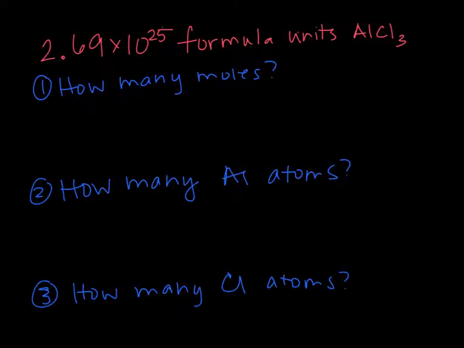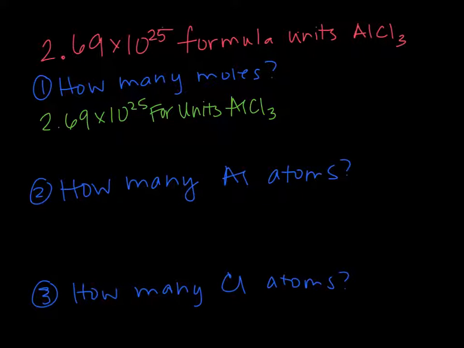So I'm going to write down what's given to me, 2.69 times 10 to the 25th formula units of AlCl3. And so what that basically means is that I have this many AlCl3s. So I'm going to go ahead and write that instead.